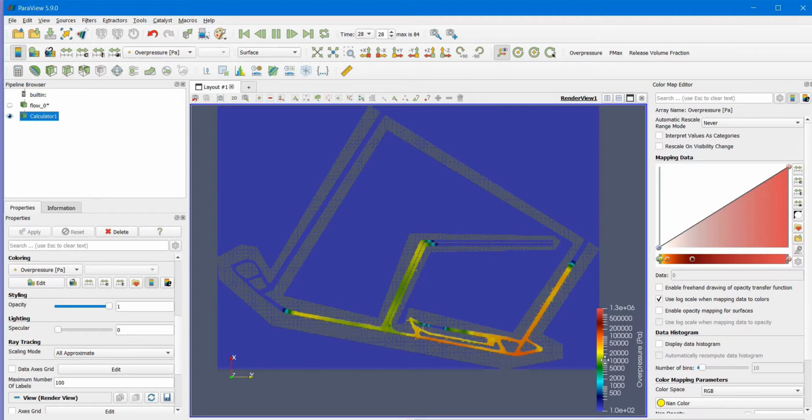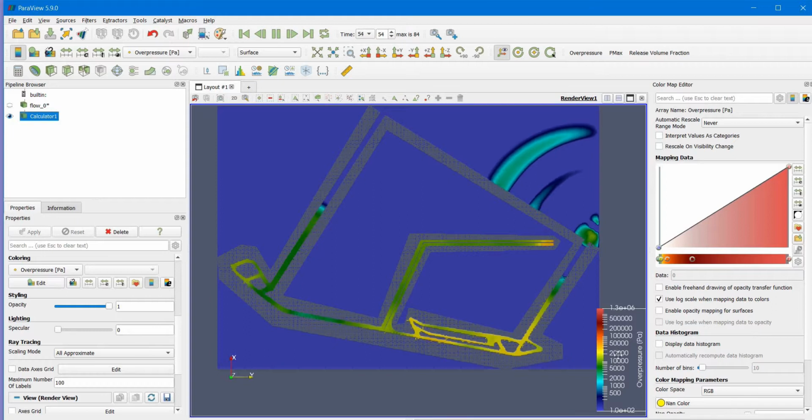It looks like we're getting 0.2 bar up here. We're getting half a bar coming out of the shaft. It's green, so in this region here, you might have between 0.1 and 0.2 bar, I'd say 0.15 bar.